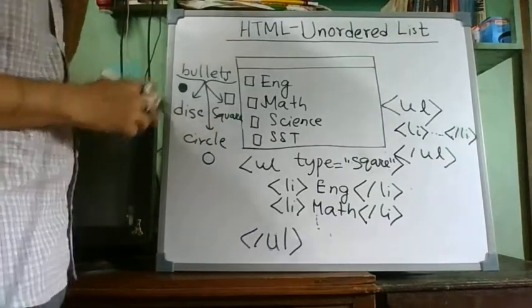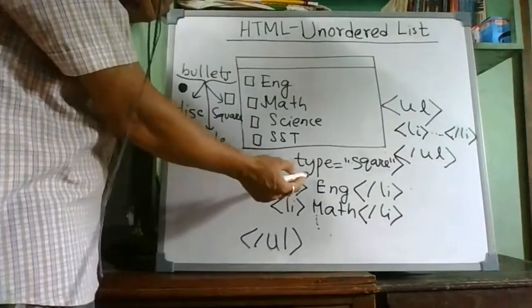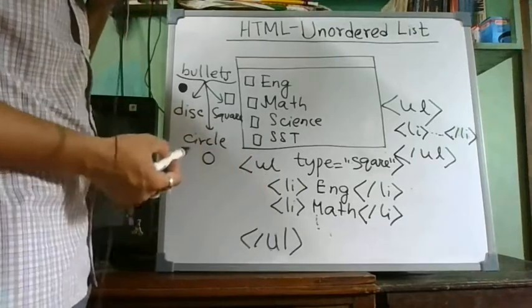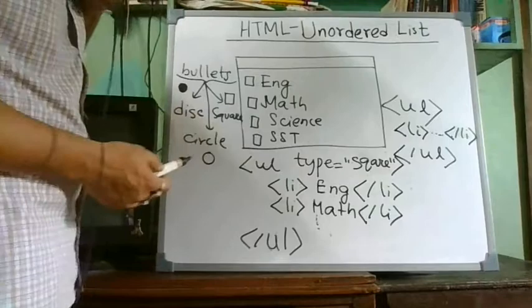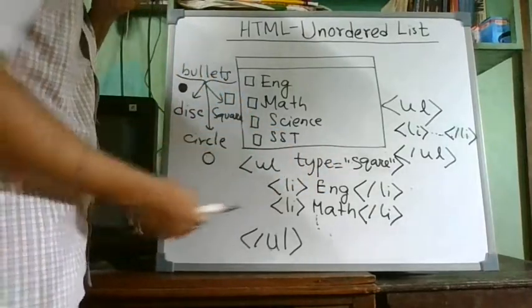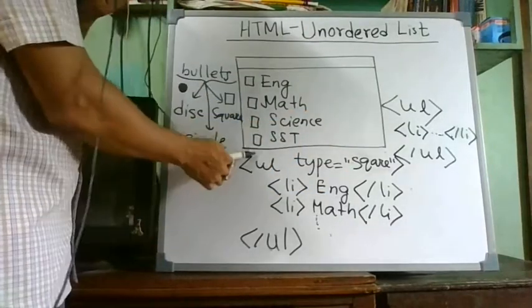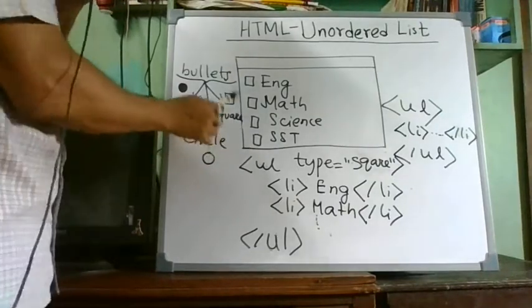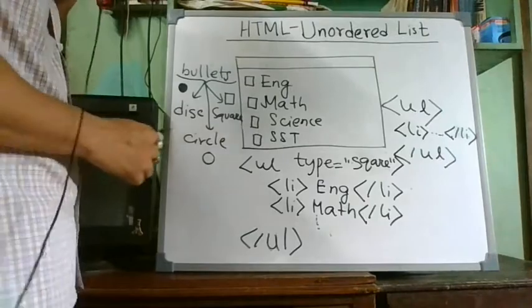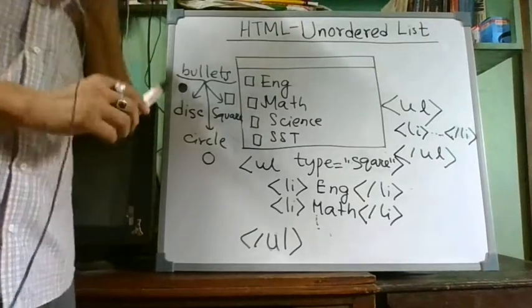So with the help of the type attribute of the UL tag, we can change the bullet types, and accordingly we can add the certain bullet within the UL tag. So this is all about the UL tag.